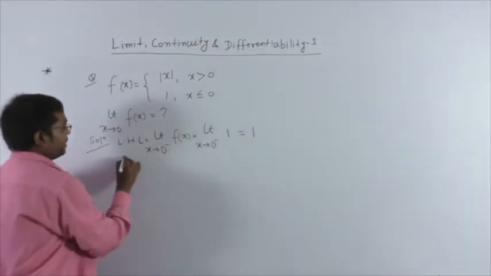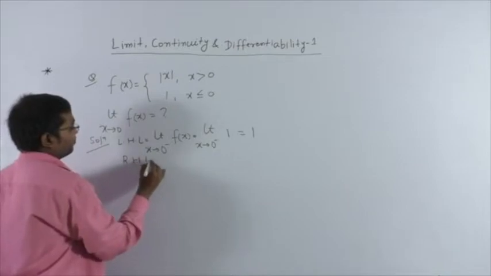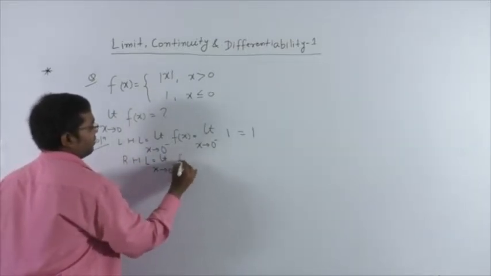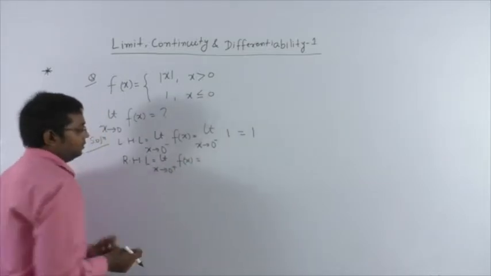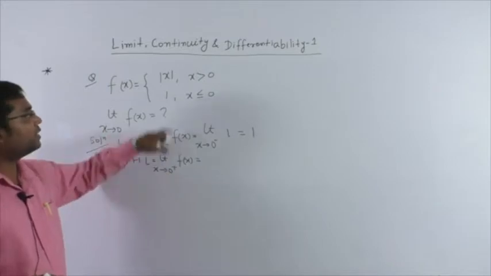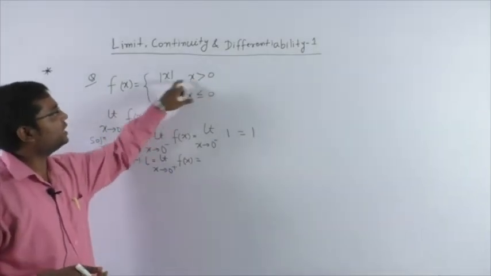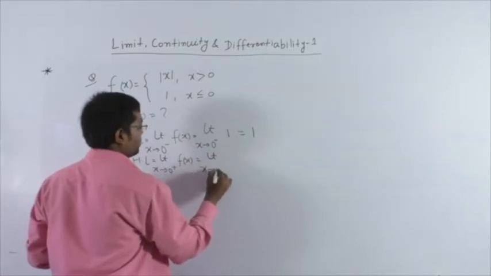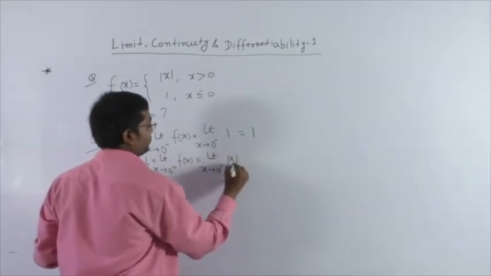Let's calculate the right hand limit. x tends to 0 plus f(x). Now see, here x is just greater than 0. Whenever x is just greater than 0, we have this definition. So here we will replace f(x) by mod x.